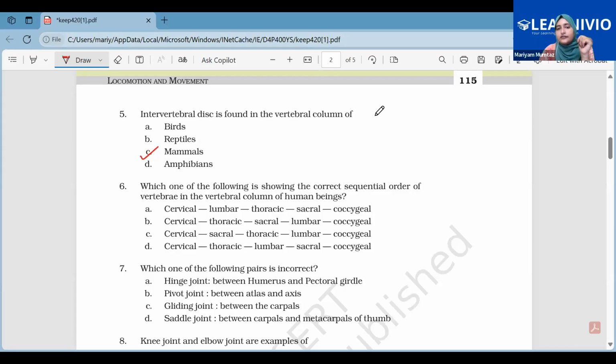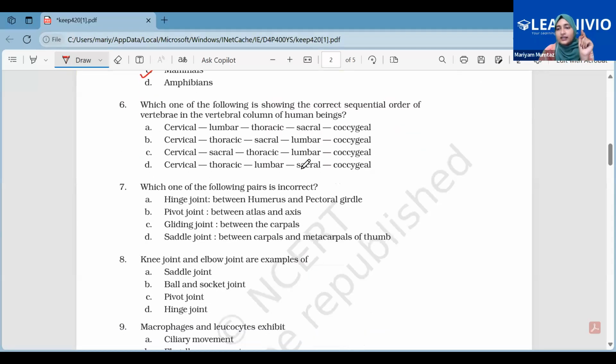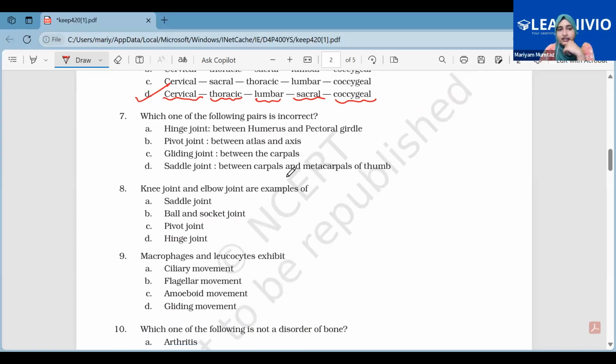Which one of the following is showing the correct sequential order of vertebrae in the vertebral column of human beings? D. Cervical, first the neck region, then thoracic, lumbar, sacral, and coccygeal. Very good. Which one of the following pairs is incorrect?